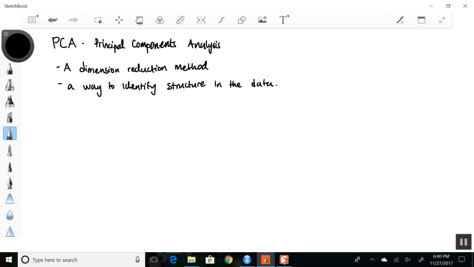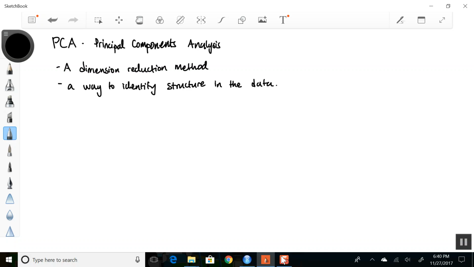Okay, some might consider this to be unsupervised learning. I guess that's fine, but yeah, basically we use PCA to try to identify structure in the data, and there's this idea of projection.